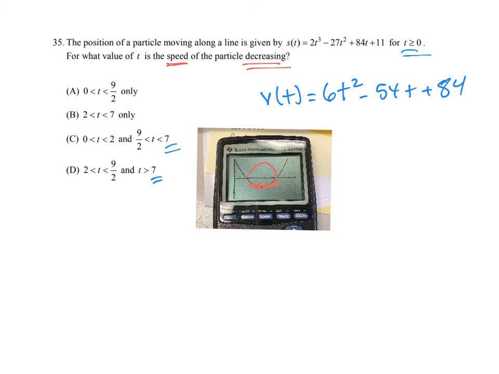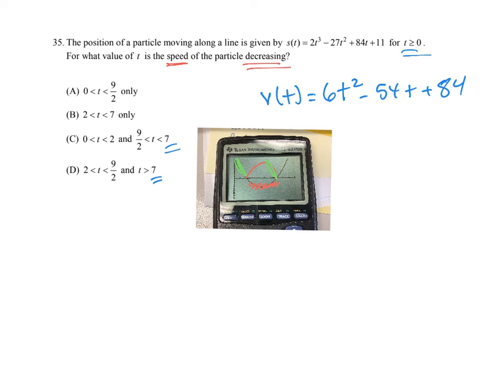And then our job is to figure out where the speed is decreasing. And so remember, decreasing is where it has a negative slope. So that would be this section here and this section here. Now we need to find those points so I know which choice to choose. And so I'm going to do that using my functions under my Calc menu on my graphing calculator.